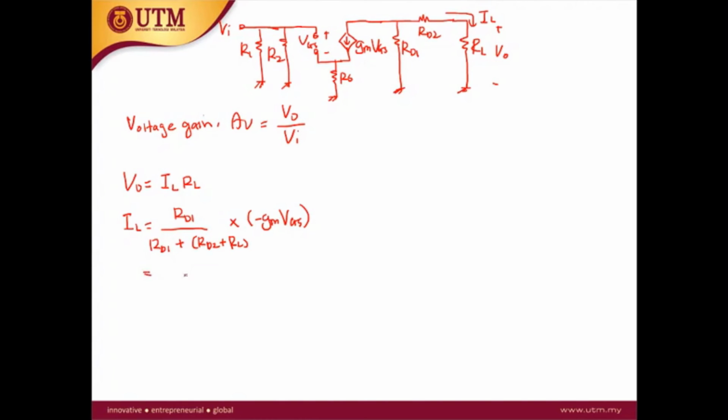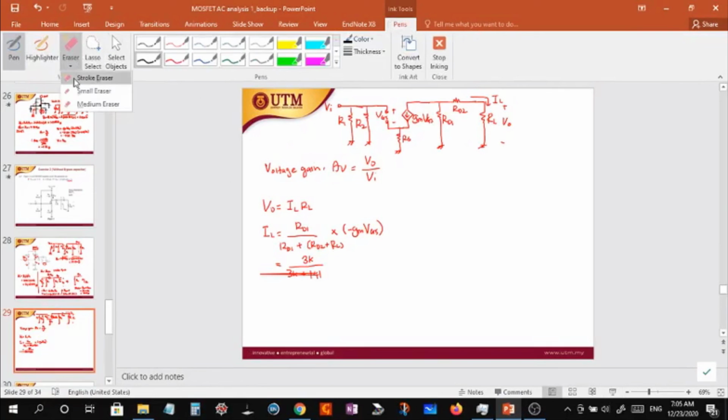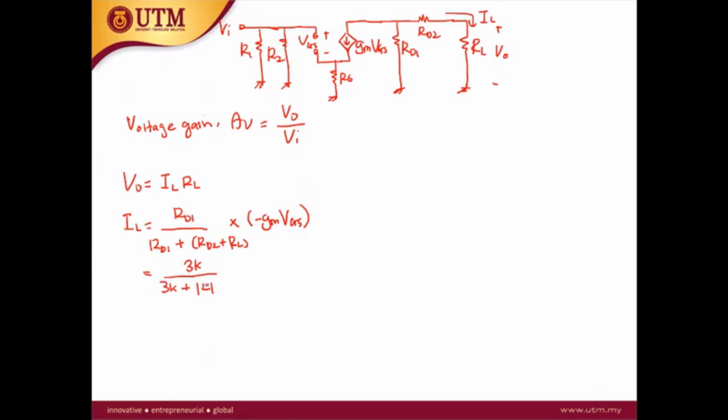If you insert the values, RD1 is 3K, RD2 is 4K, RL is 10K, you have 14K. And then GM is 39.5 milli, and VGS.